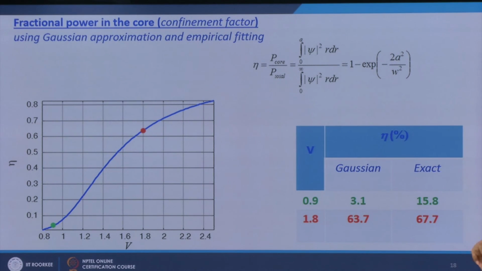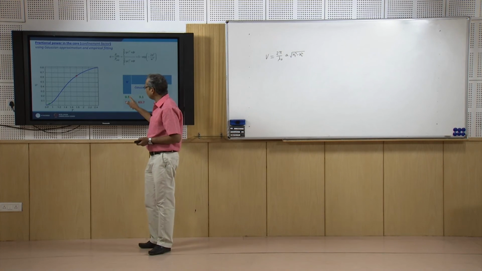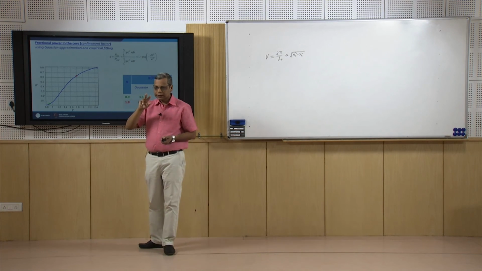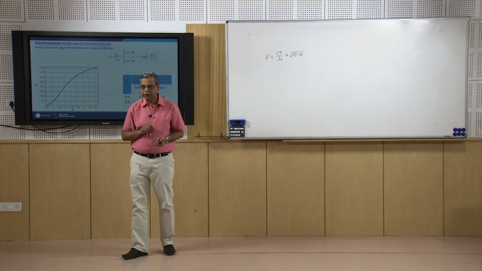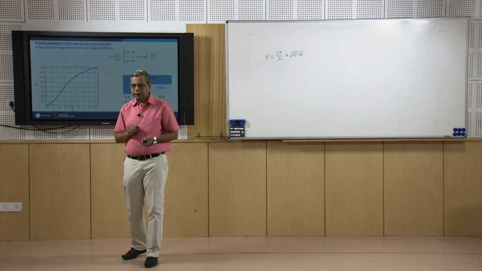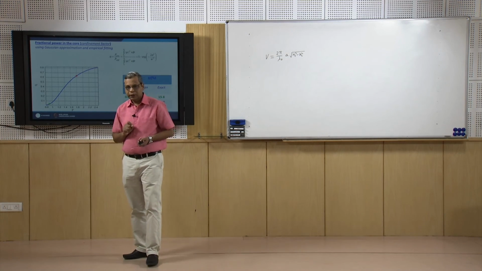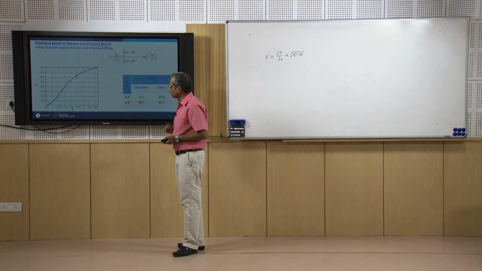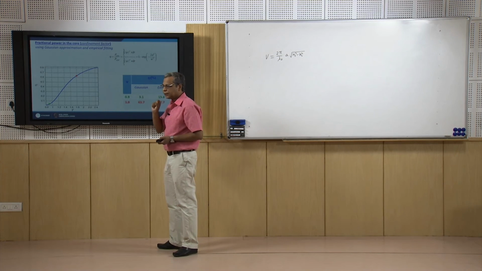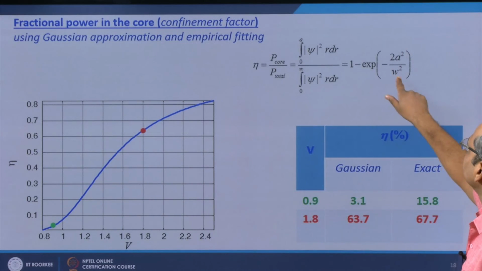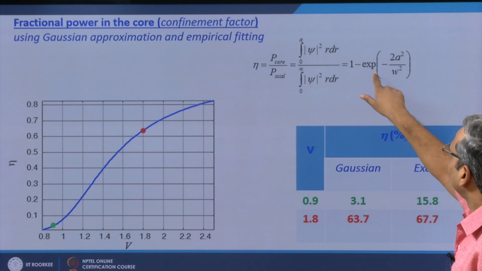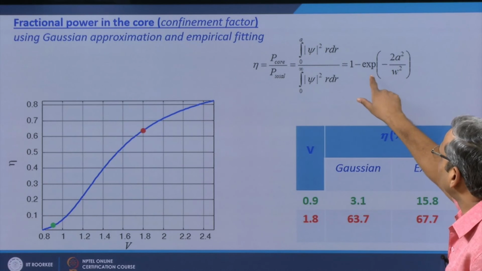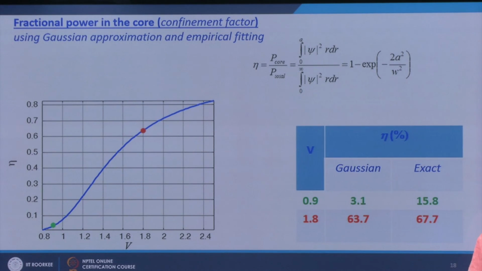It is because at lower V there is a small discrepancy between the exact value and the Gaussian and empirically fitted value, but this small discrepancy is amplified because it appears in the form of e to the power minus something.